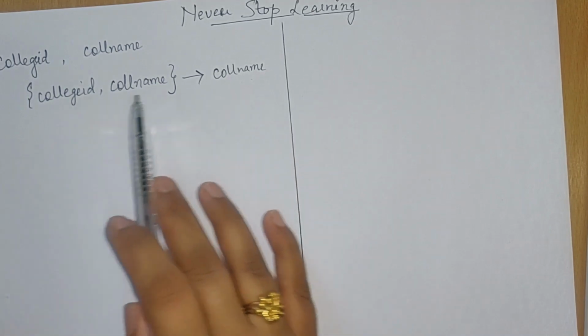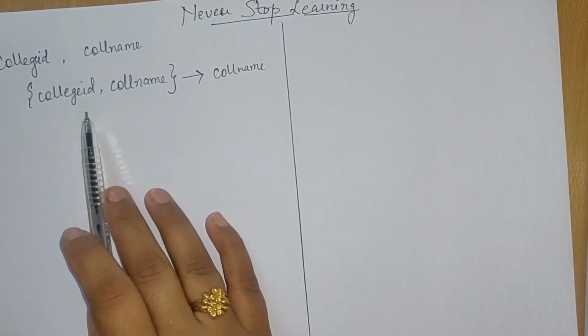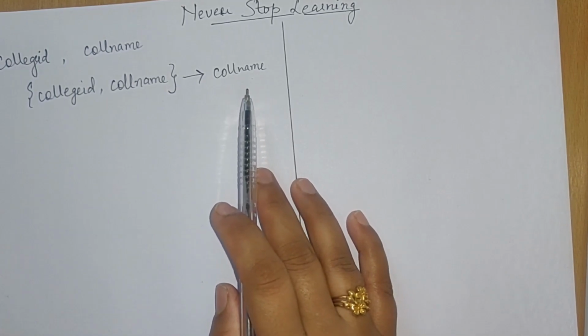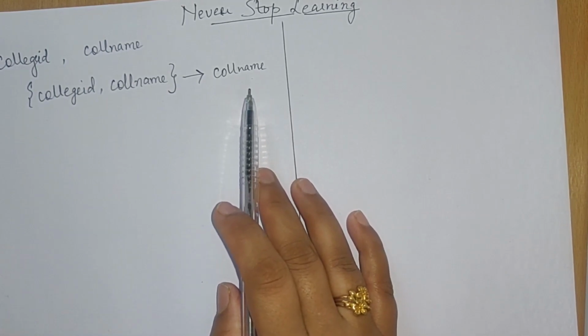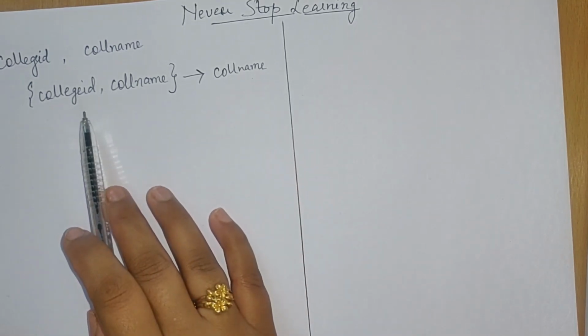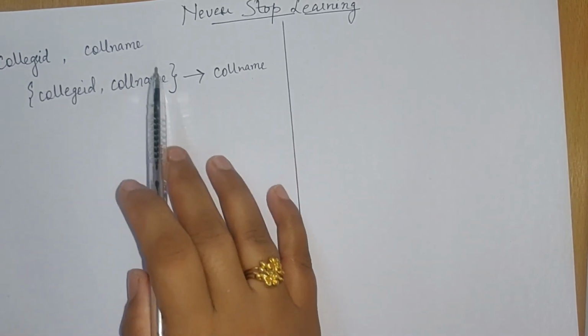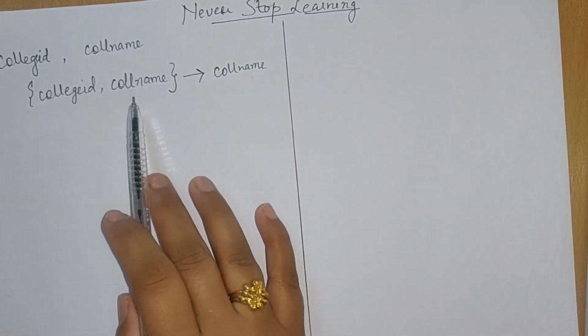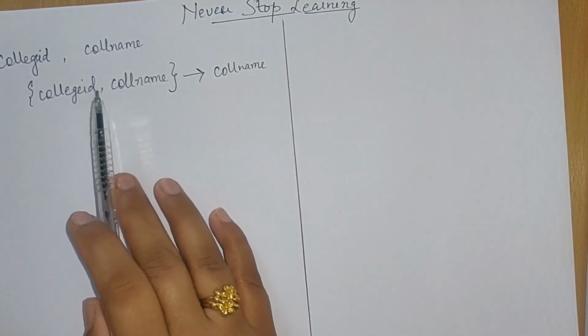So here if you can see, college ID and college name determines college name, and it is trivial functional dependency as this college name is a subset of this college ID and college name. It is part of this only.